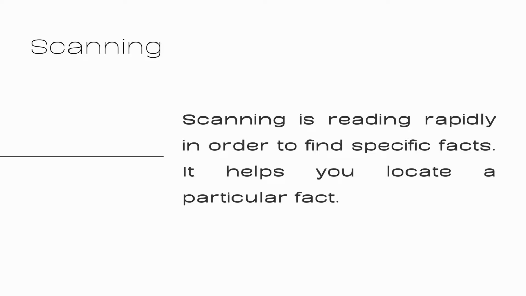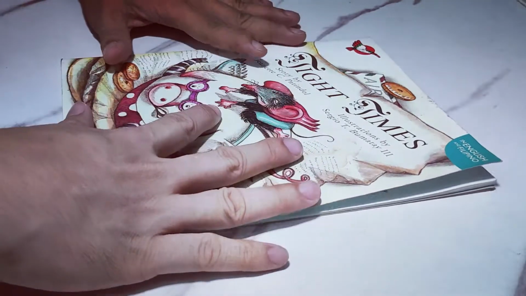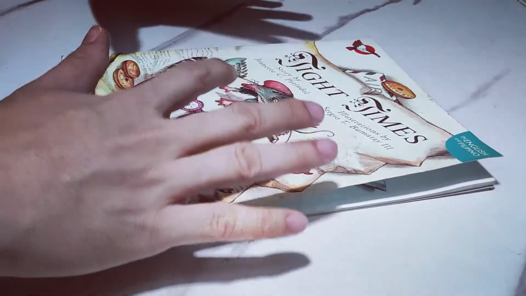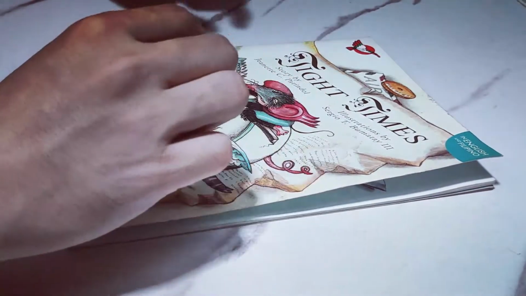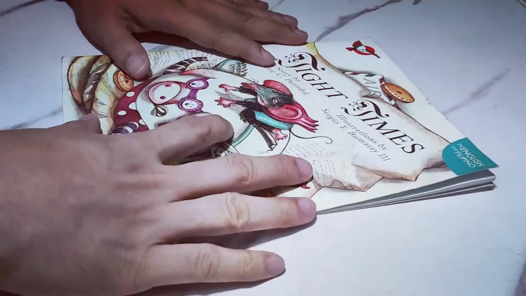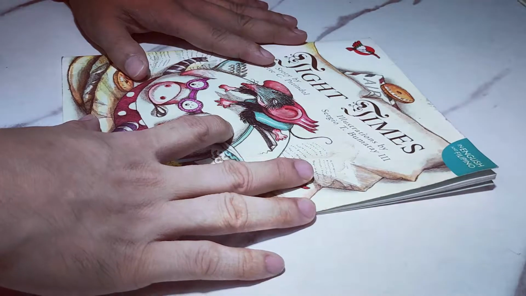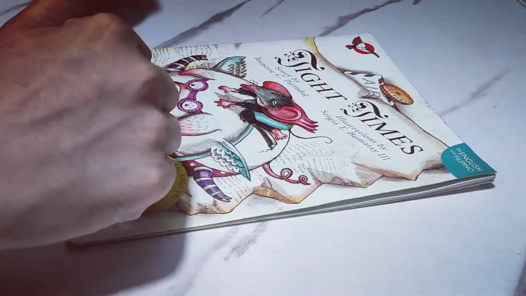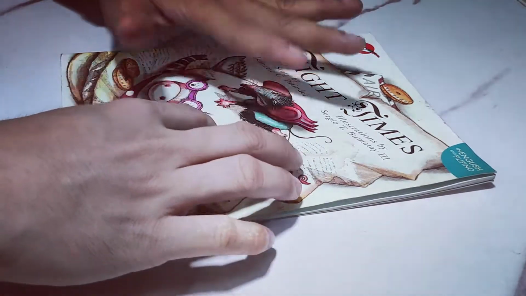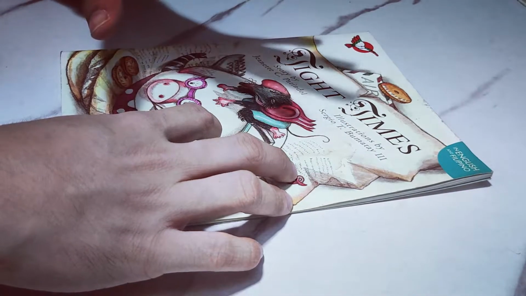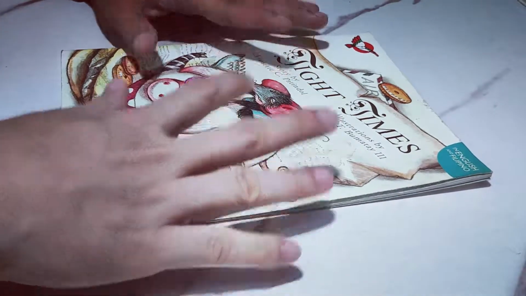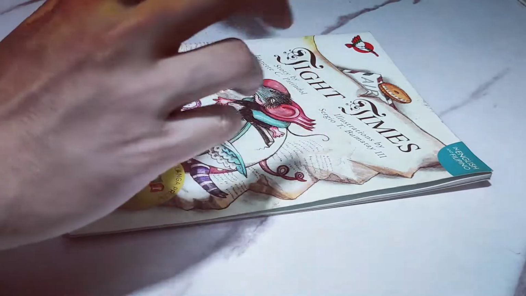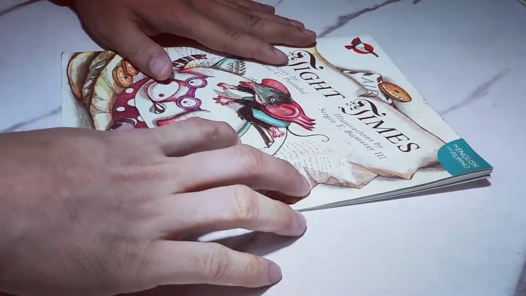So if you want to search for specific information in the text, you want to scan. All right? So that is the main difference of skimming and scanning. Again, for skimming, you want to get the general overview or what the material is about. For scanning, you want to find or search for specific information.